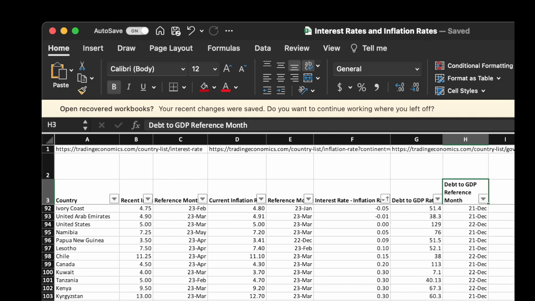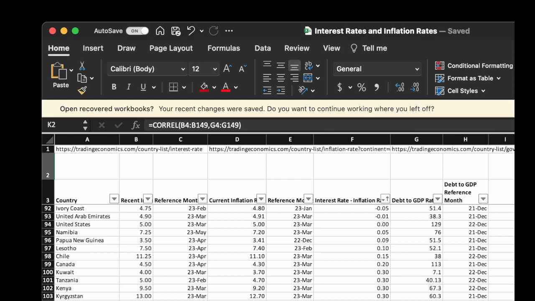And here I did some correlations. So I looked at, okay, what's the correlation between the interest rates and the debt to GDP ratio? Because often there will be arguments that a country can't increase their interest rates because of their debt. There's a 0.15 correlation between the interest rates and the debt to GDP ratio, which is a fairly weak correlation.